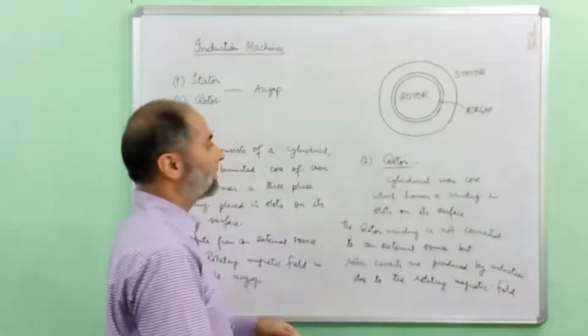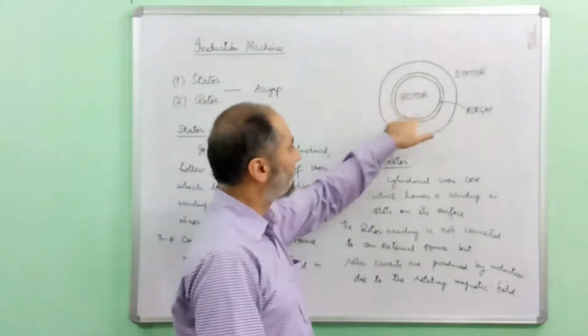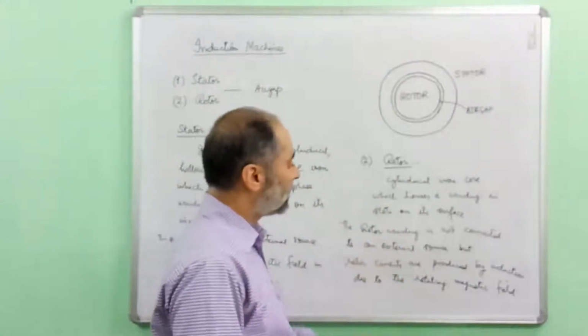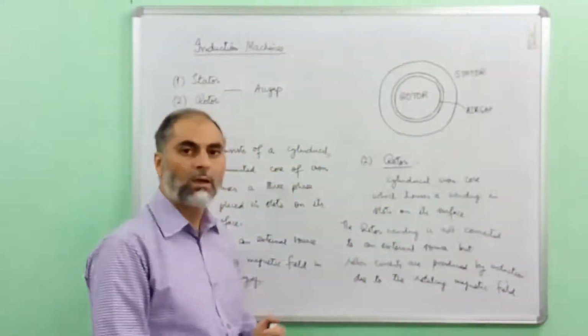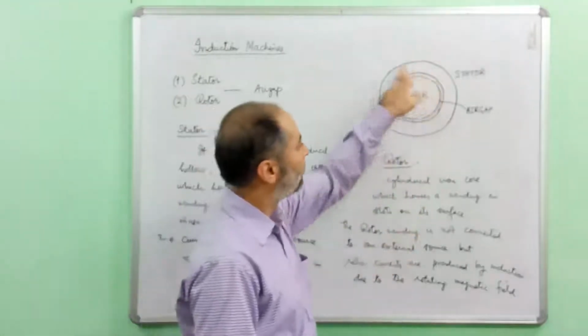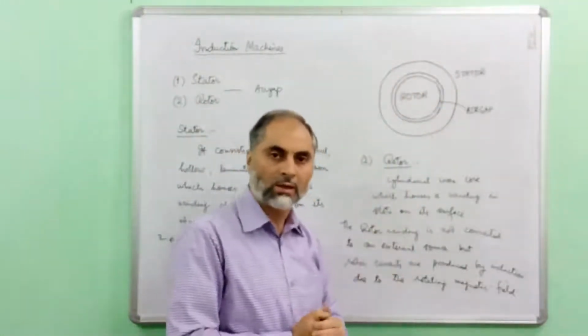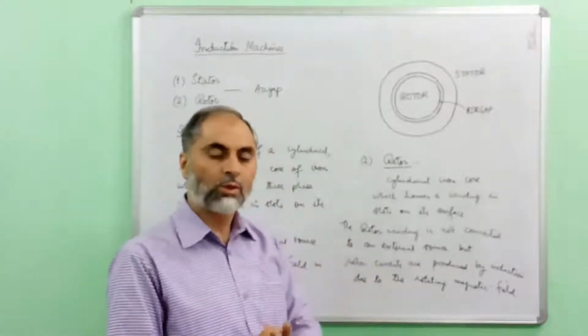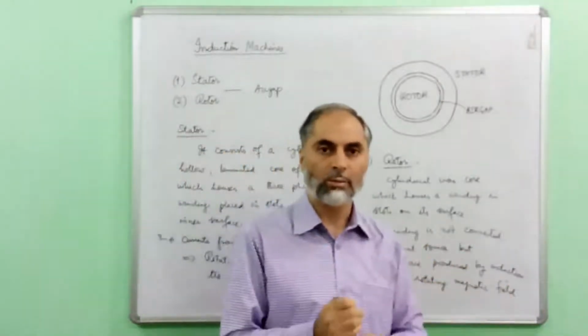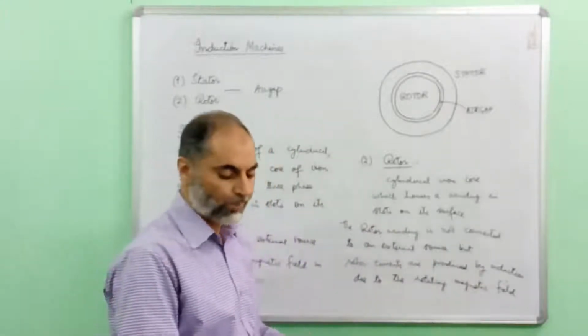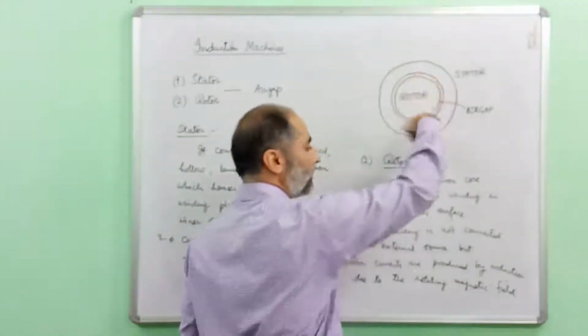So what happens? The currents in the rotor windings are not supplied from an external source, but are produced by induction due to the rotating magnetic field. As the magnetic field rotates, it cuts the rotor conductors, and therefore an EMF is induced, and as the circuit is complete, currents are also induced in the rotor circuit. We have current carrying conductors in a magnetic field.